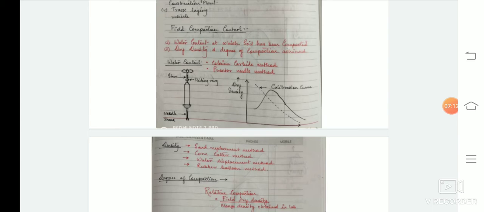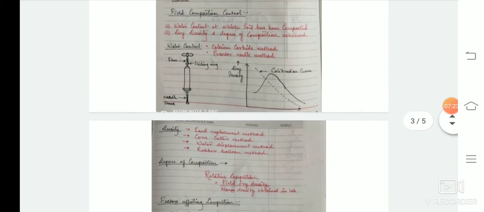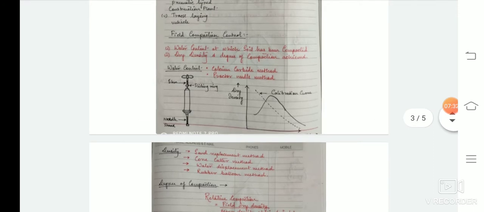The calcium carbide method has already been discussed in Soil Mechanics 1 in the previous semester, so we are not going into that. We are going into the second method, which is known as the proton needle method. This second method is commonly used in the field. This proton needle, as we can see in the figure, can be easily seen.